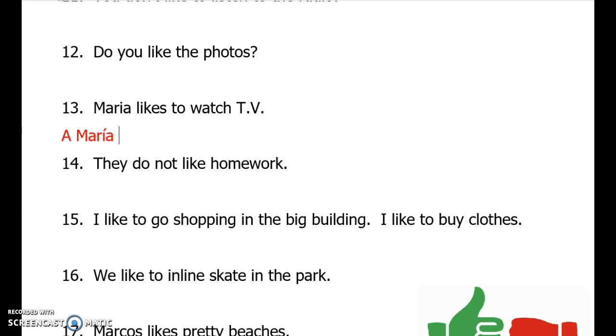For he, she, that bottom box, le, and it is gusta. Now we notice it is to watch TV. That's a verb. So the gusta stays in singular form, and we use ver la tele. I did not conjugate that verb. It wasn't necessary. There it is.